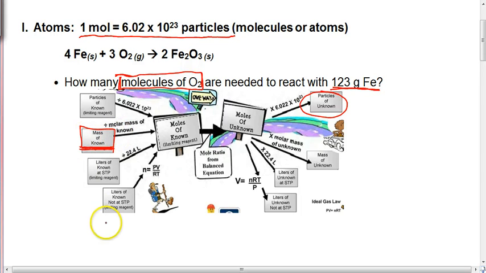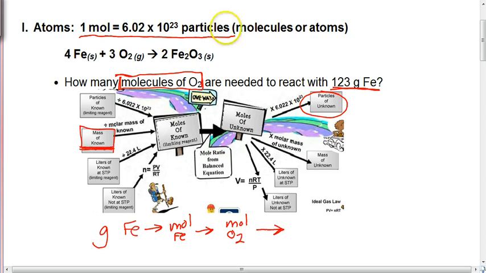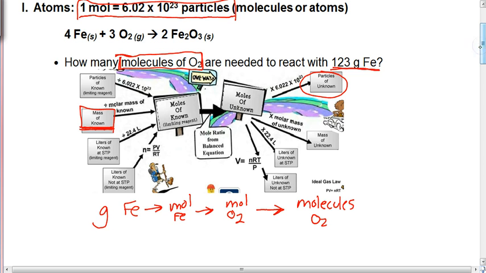We're going to convert from grams of Fe to moles of Fe, and then from moles of Fe to moles of oxygen using our mole ratio. And then finally, using our new piece, this moles to particles ratio, we'll convert from moles of oxygen to molecules of oxygen. So let's dive in and do that.